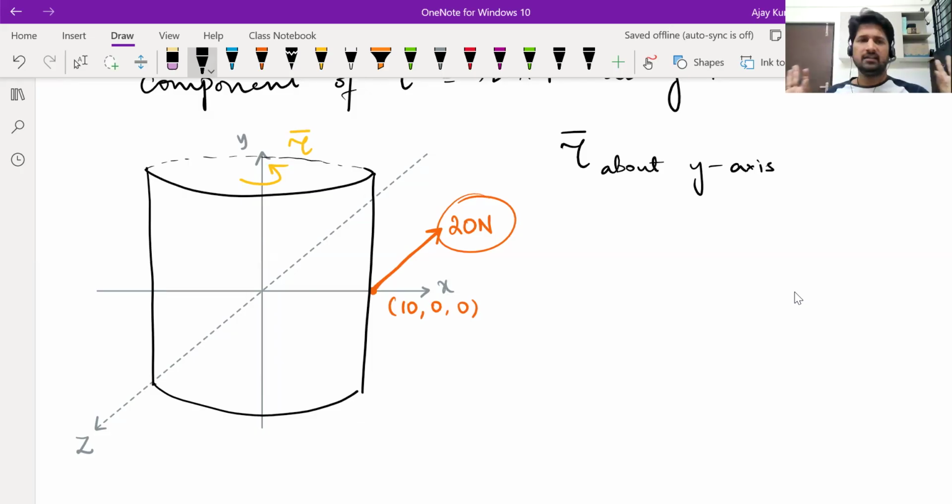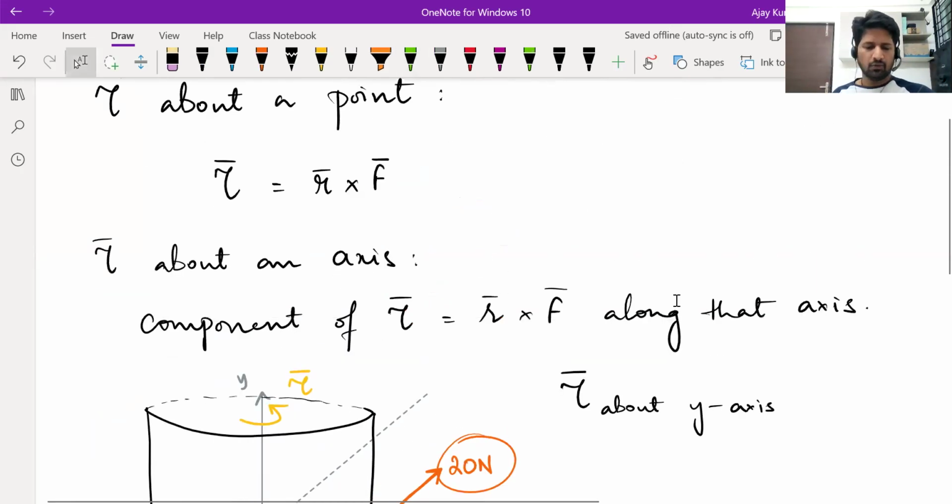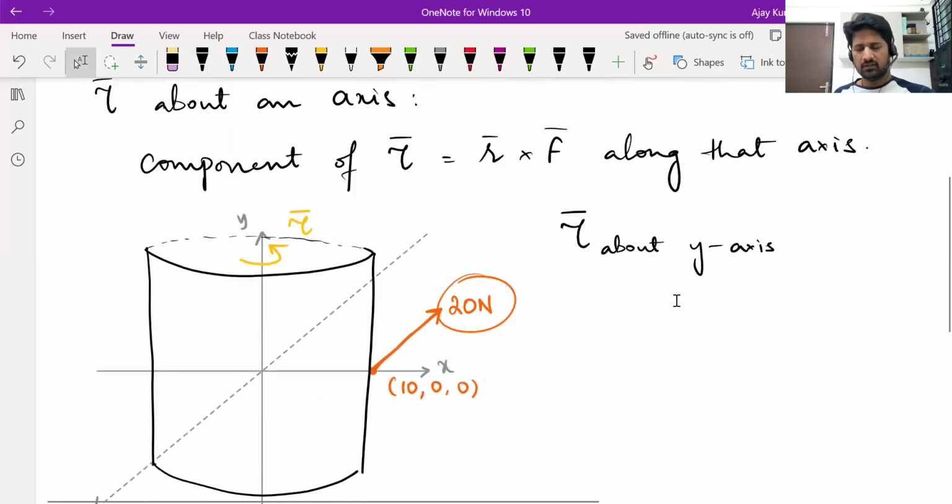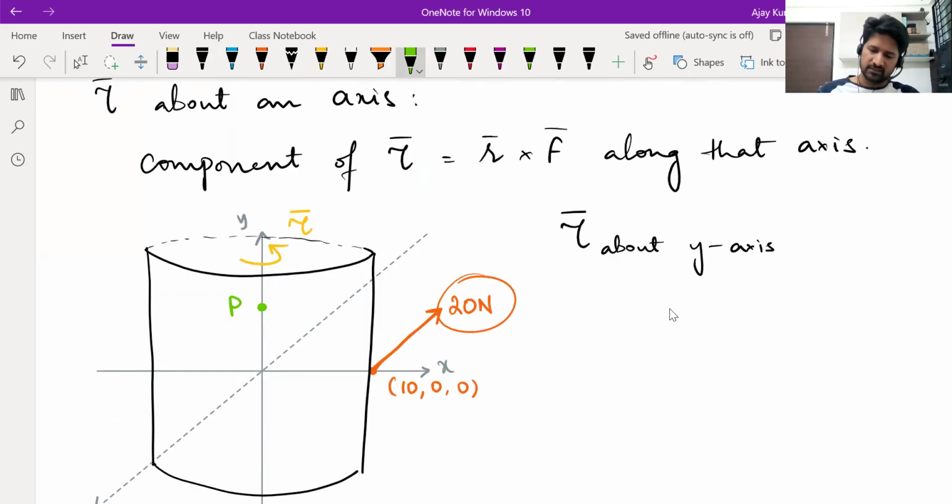Fine. Let's try different approaches. First thing, I just told you that if you want torque about an axis, you can take any one point on that axis, let's call this point P, as the reference. With respect to that point, you write the position vector of the point of application of the force.